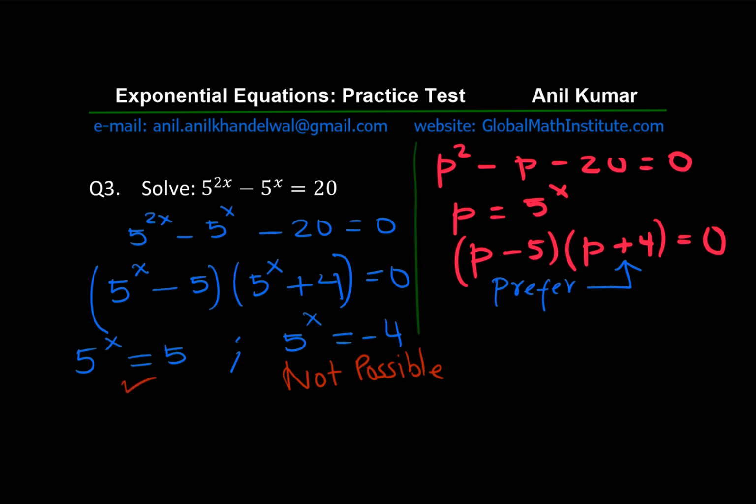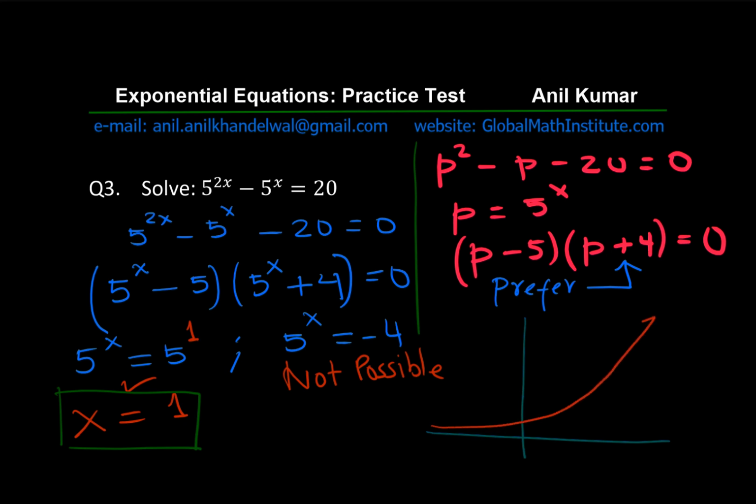However, this is correct. That means x is equal to 1, because this is 5 to the power of 1. So we do get a solution which is x equals 1 in this particular case. Remember, all the exponential functions will be kind of like this, so we have a positive value.